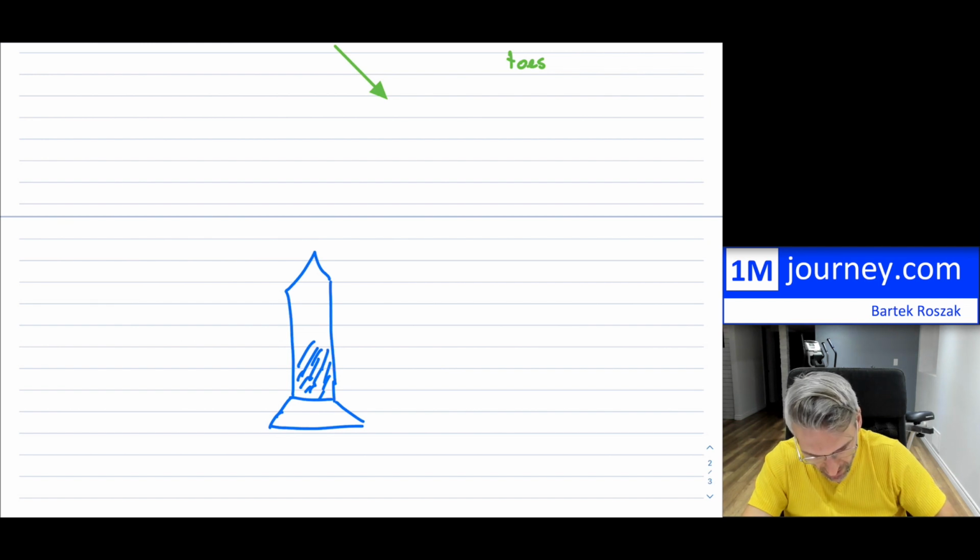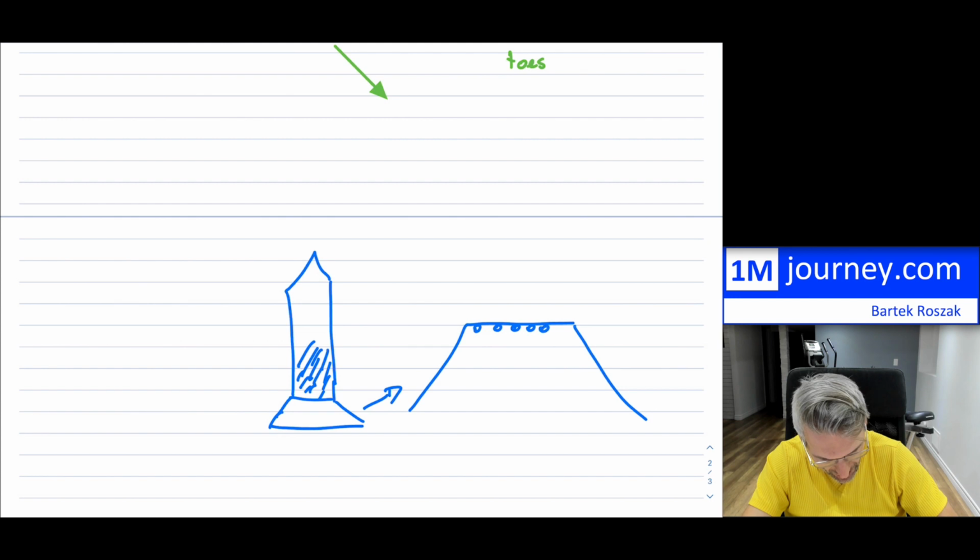If I zoom in right into here, you have gases that are being pushed out. So you're burning and pushing out these gases. So this is your force of action.